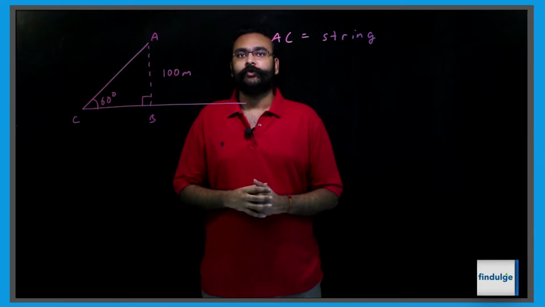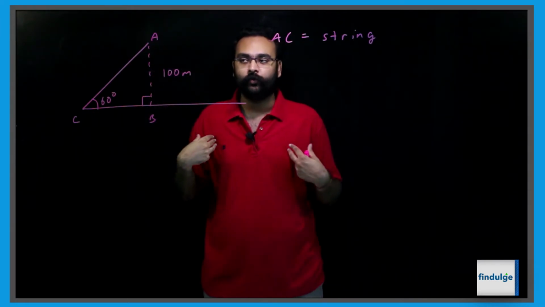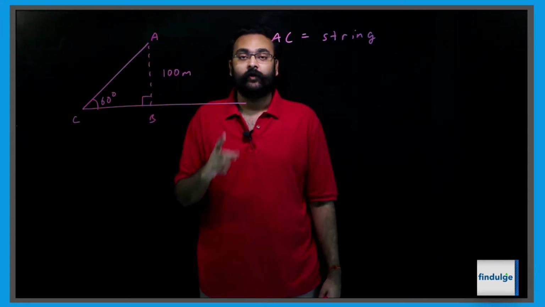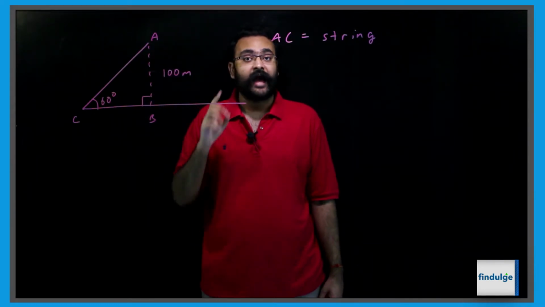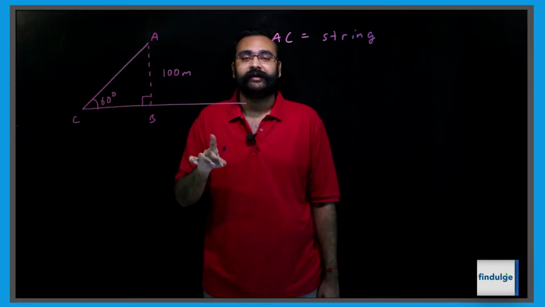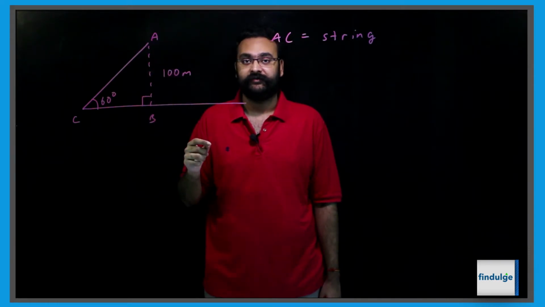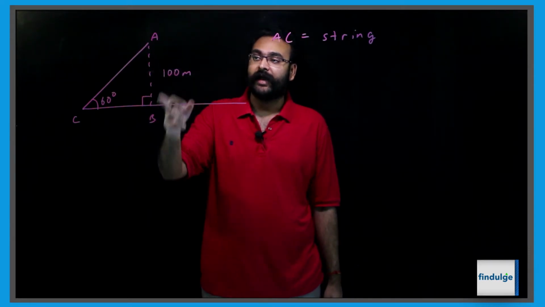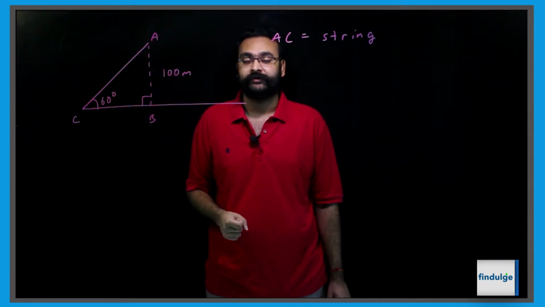So what we're going to do is figure out what is the side that we know, AB, what is the side that we need to find, AC, and what therefore is the trigonometric ratio I need to use that relates AB and AC. Now in this case, AB is the perpendicular, AC is the hypotenuse.